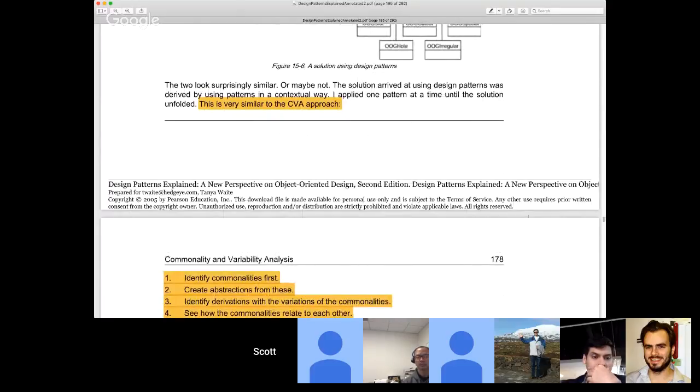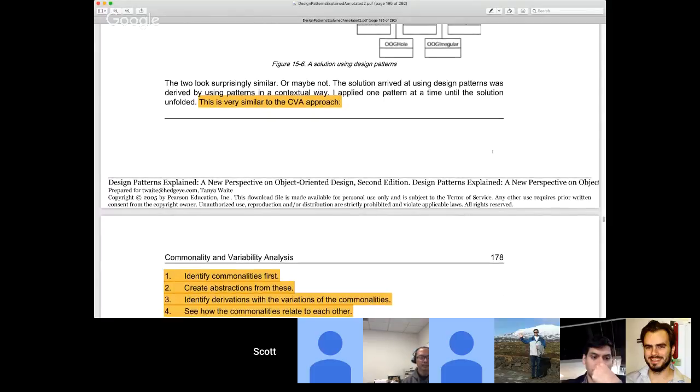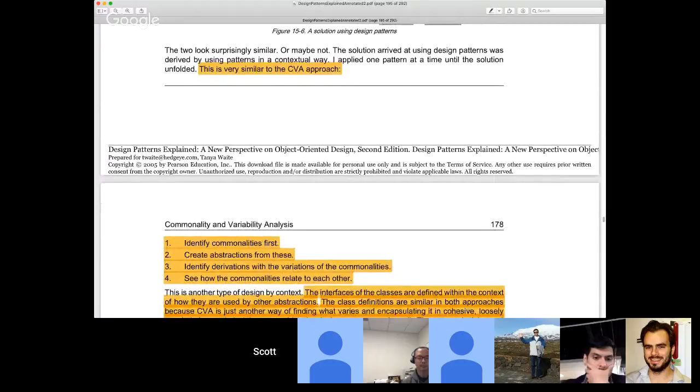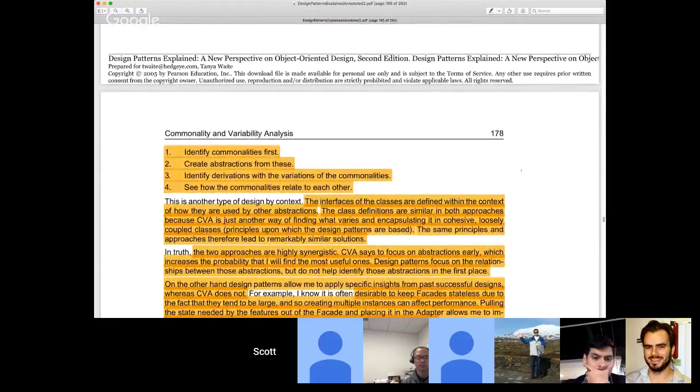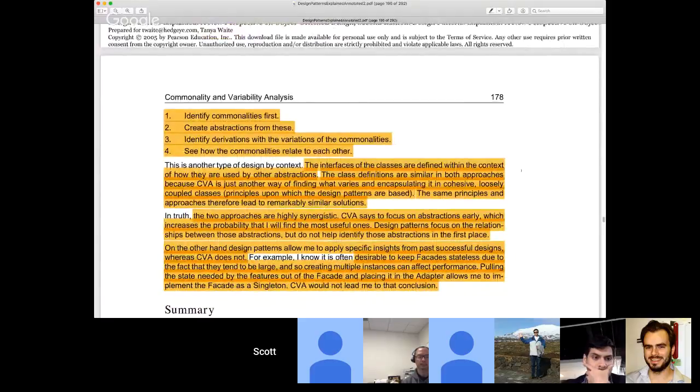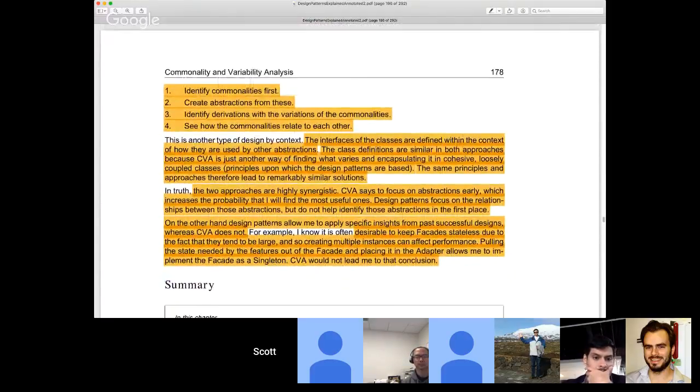So what he did was he just used design patterns in a contextual way, and he just went through them until the solution unfolded. And it was very close to the CVA approach. In any case, he identified the commonalities first and created abstractions from those, then dealt with the variations in the commonalities, and then saw how the commonalities relate to each other.